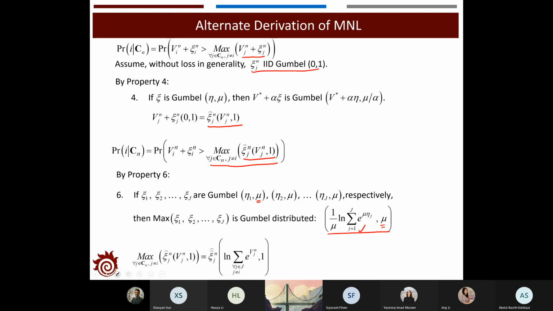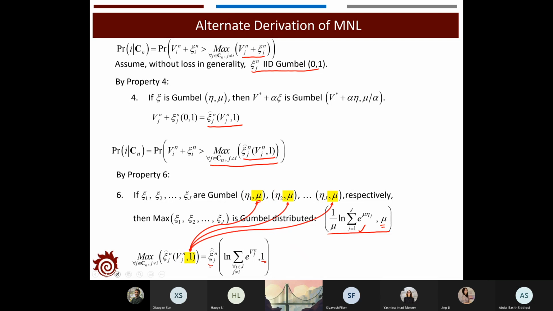In this case, eta 1 would be v1, eta 2 is v2, and eta j is vj. So you put them together, and you get the maximum value as a Gumbel distribution with eta equal to ln of the summation of the exponential of vj, and mu is still 1.